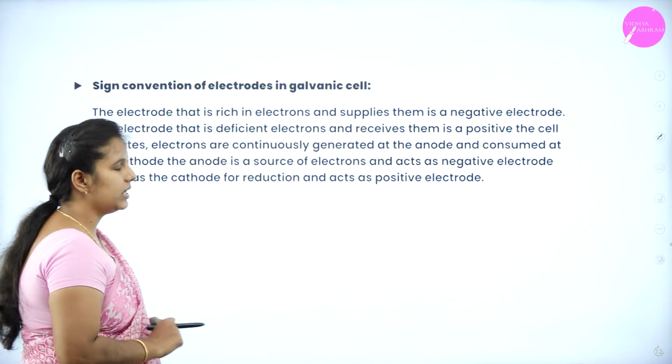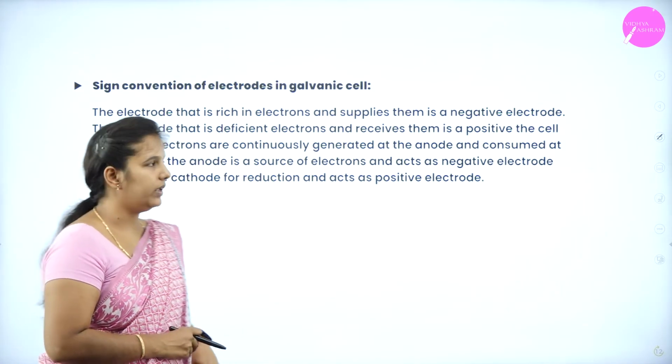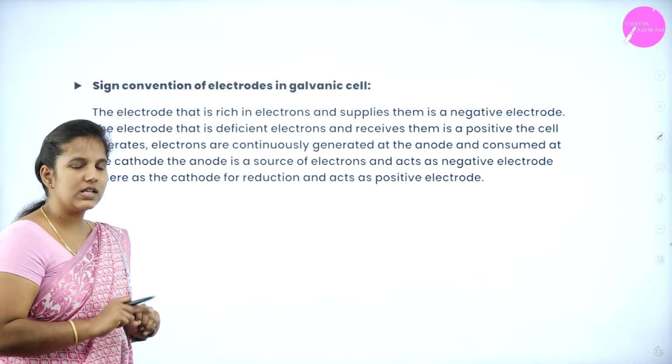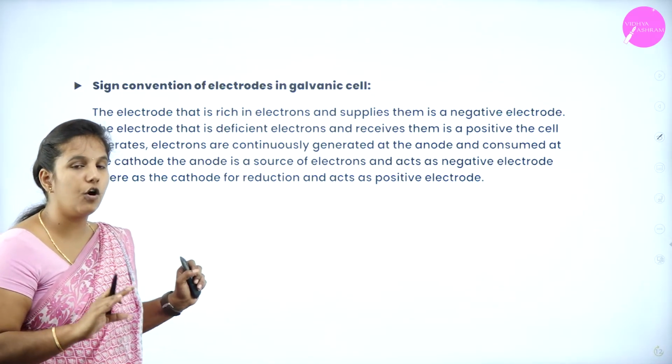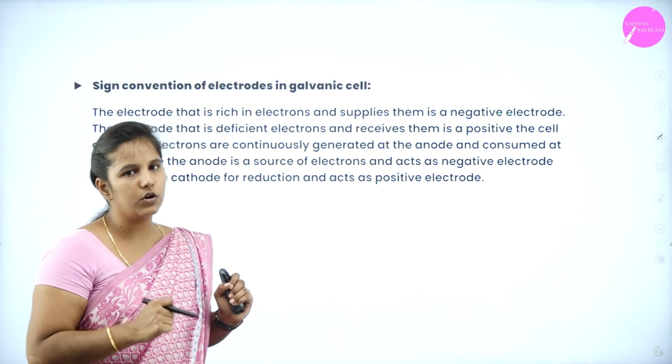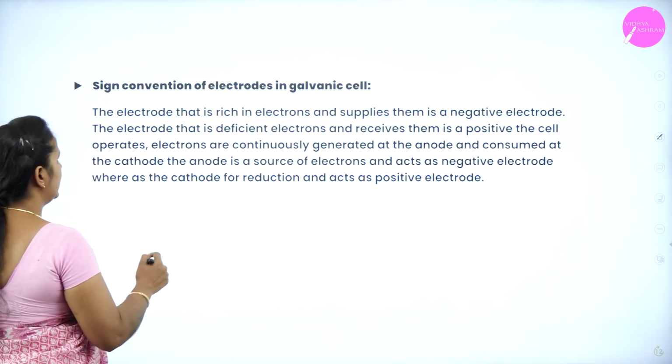Now, let us see how the sign convention is made, especially in the galvanic cell. In the galvanic cell, we have understood that the anode is called the negative electrode, whereas the cathode is called the positive electrode. Why? Let us discuss.